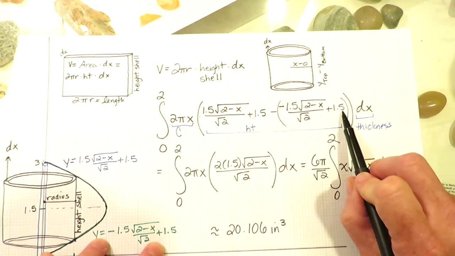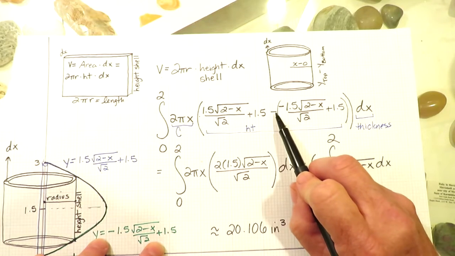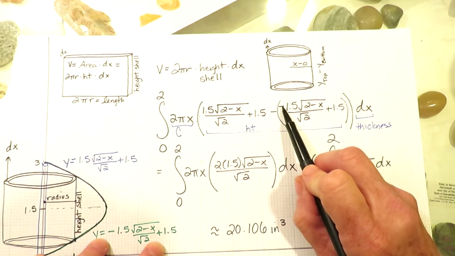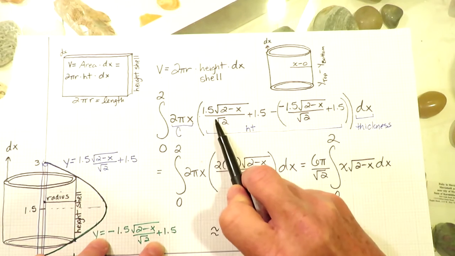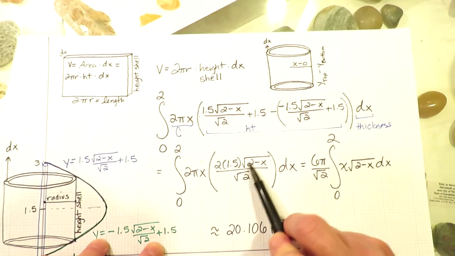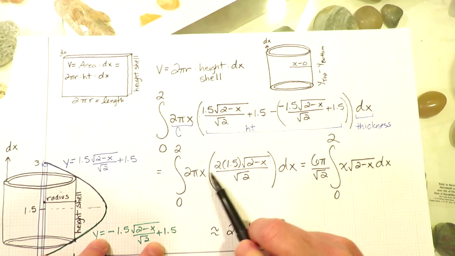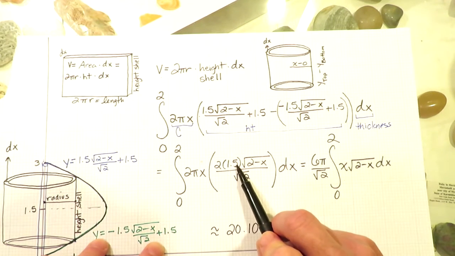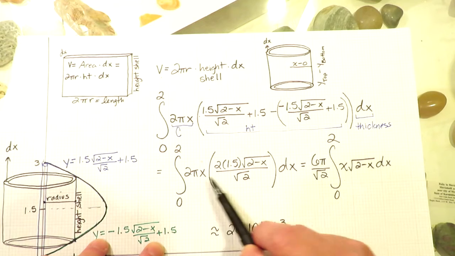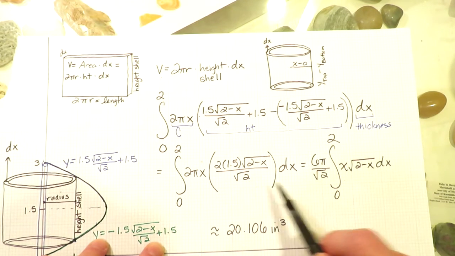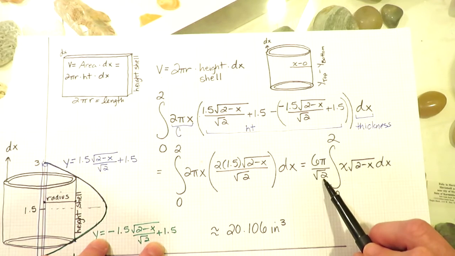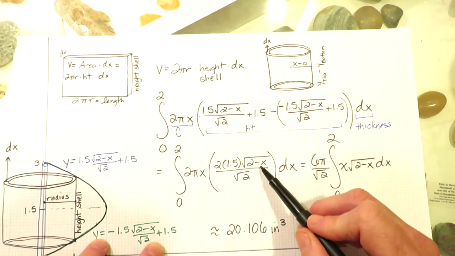Notice the 1.5s cancel out, and if I subtract this -1 times 1.5, it's a match to this expression, so I have 2 of those expressions. And then 2 times 2 is 4, 4 times 1.5 is 6, and 6 times pi divided by the square root of 2 is just a constant multiple that's multiplying the function.